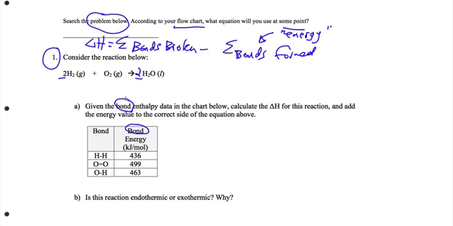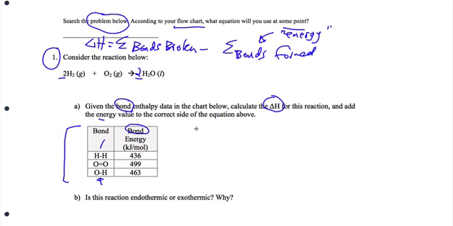So it says given the bond enthalpy data in the chart below, it takes 436 kilojoules to break that bond, 499 kilojoules to break that one, and 463 to break that one. This makes a lot of sense because of the pi bond there. Calculate delta H and add the energy value to the reaction above.